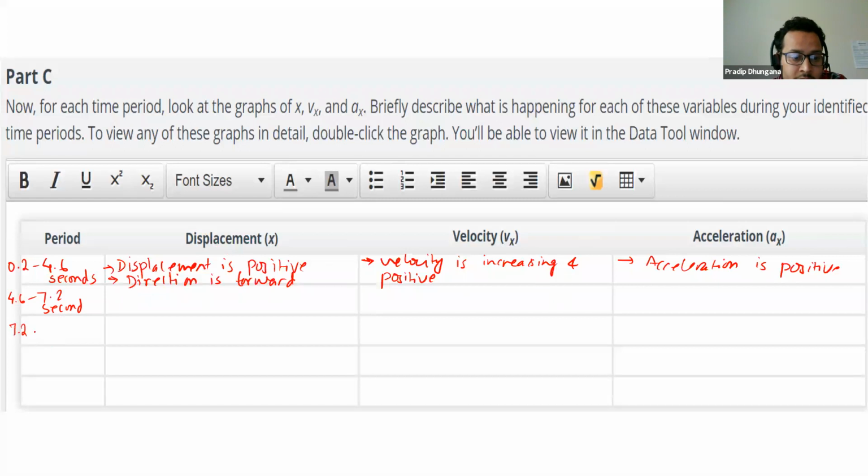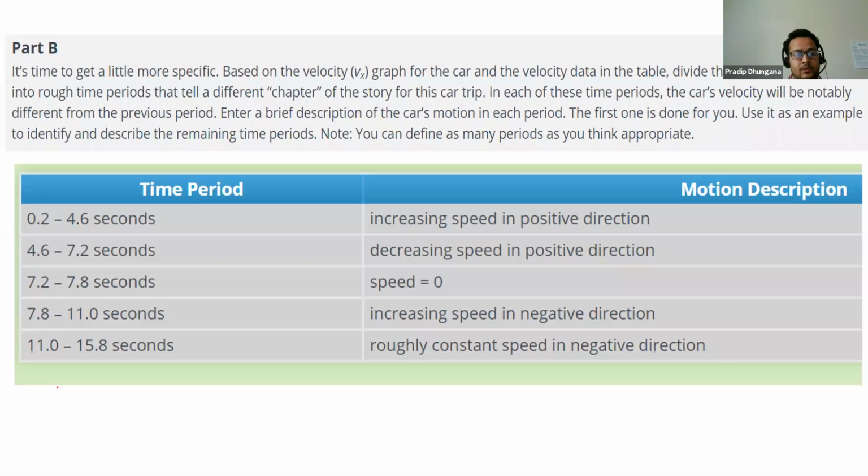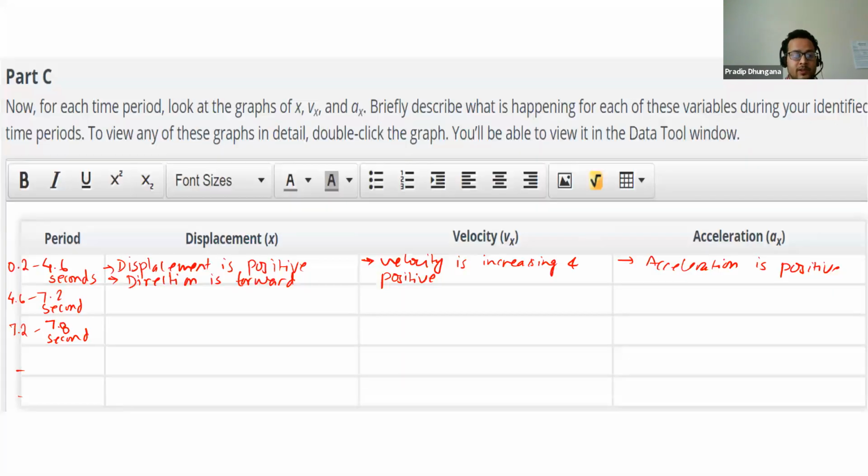And again, 7.2 to 7.8 seconds, and so on. Then 7.8 to 11 seconds, and 11.0 to 15.8 seconds. For each of those time periods, briefly describe displacement, velocity, and acceleration. Okay, that is all about part C.